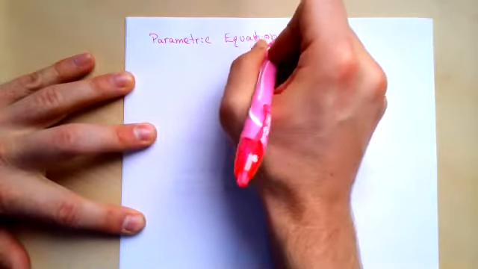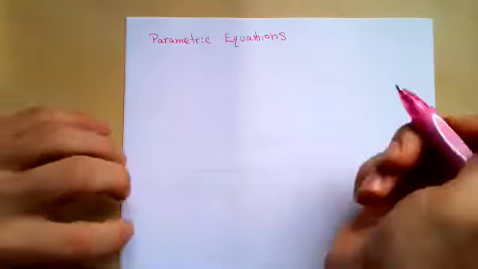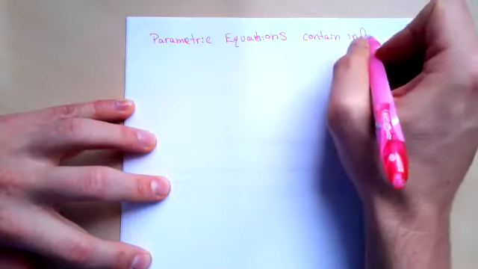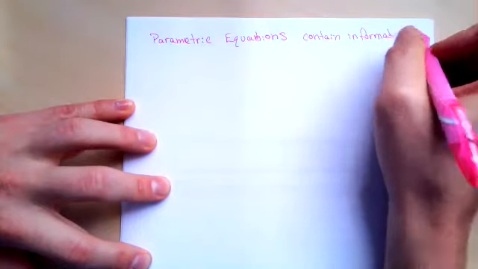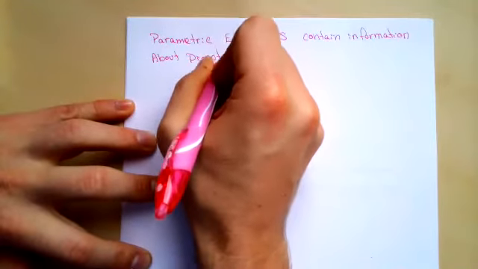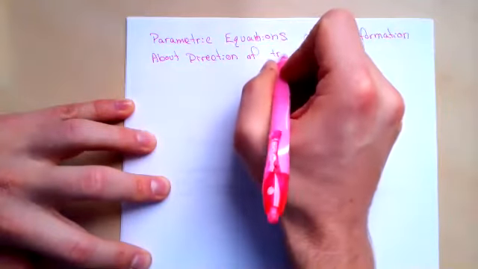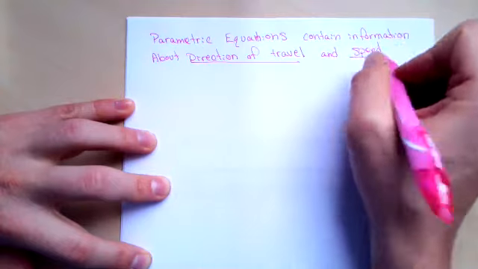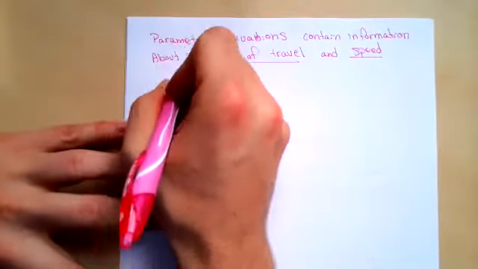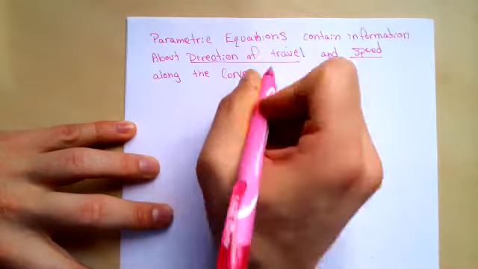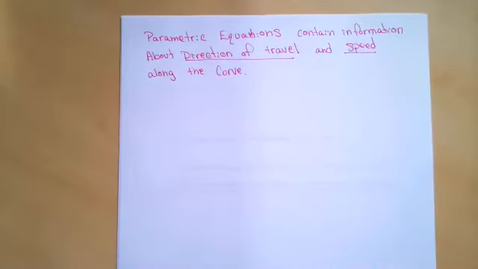Beyond just the position of the particle and the shape of the curve, they contain information about the direction of travel and speed, how fast we're moving along the curve. And these are very calculus-y things that we're going to get into.